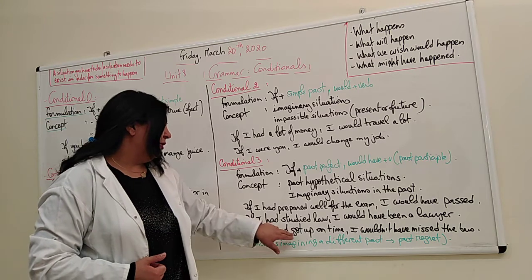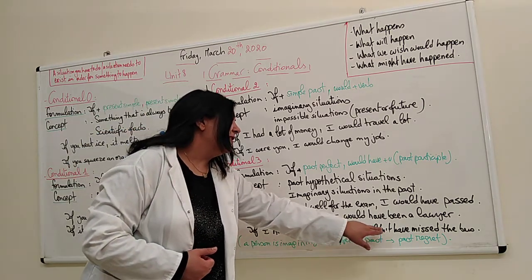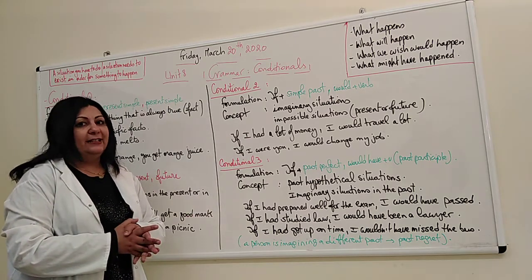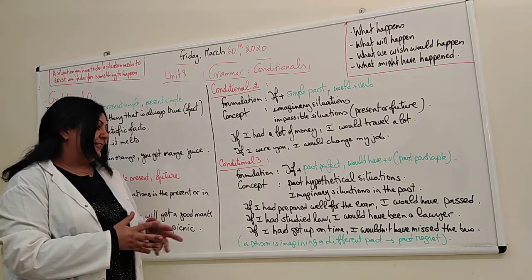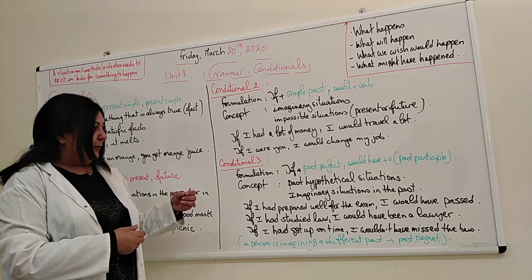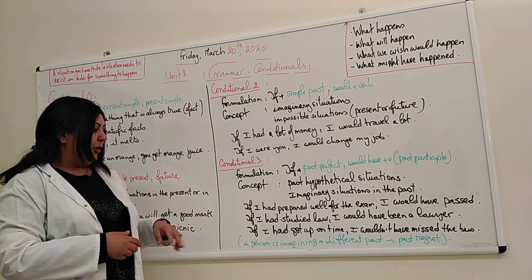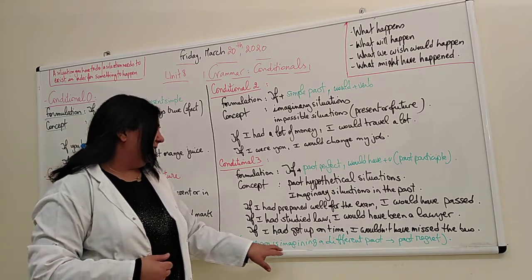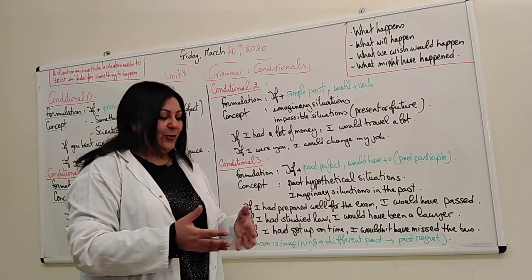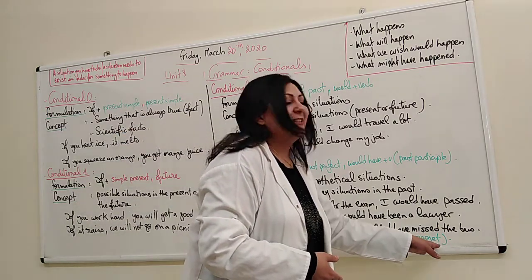If I had got up on time, I wouldn't have missed the bus. But I didn't. I was late and I didn't get up on time. That's why I missed the bus. So we use conditional type 3 when a person is imagining a different past. And this is what we call past regret.